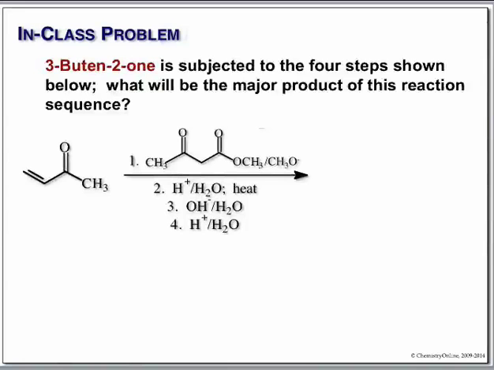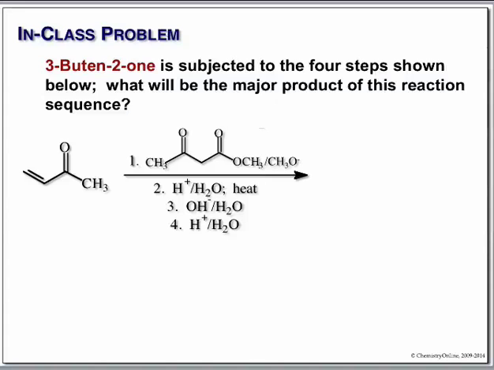We're going to get some intermediate. Our second step, we're going to acidify that, warm it up a bit. Our third step, we're going to dump in base. Oh my goodness. And then our last step, we're going to acidify again. So let's just follow this along and see what we would get.